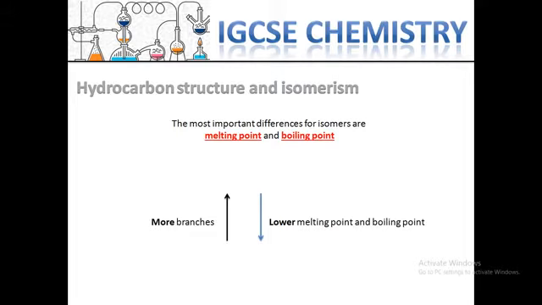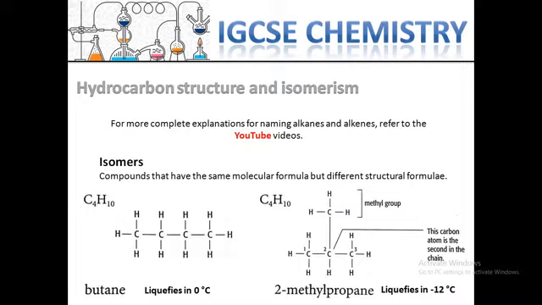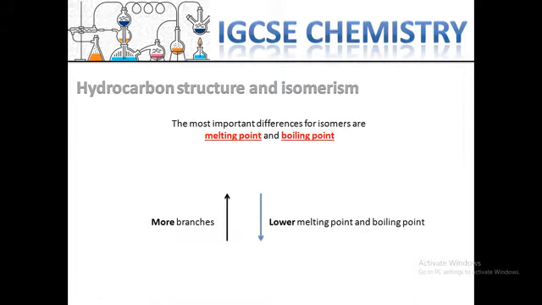So if you look back at this slide, you can see on the right this structure has more branches, and it has a lower boiling point and lower melting point. Lower melting point and lower boiling point if the isomer has more branches.